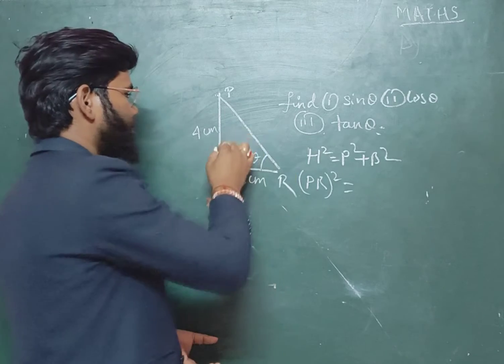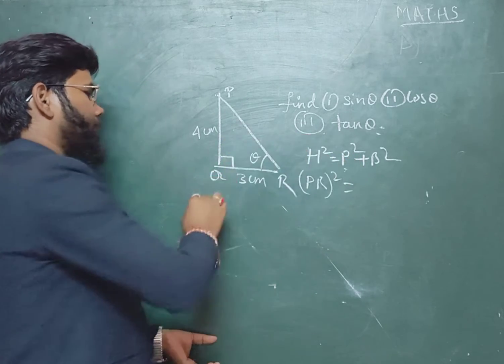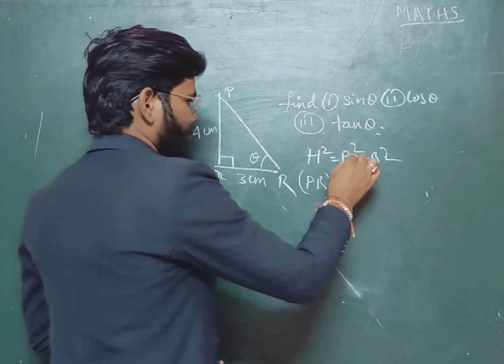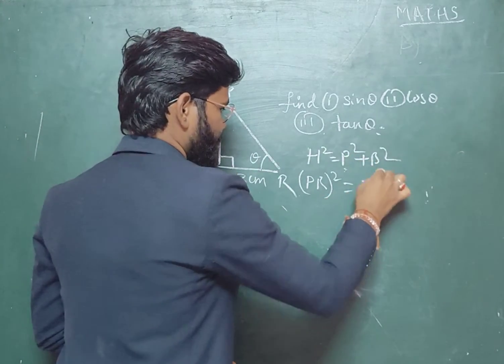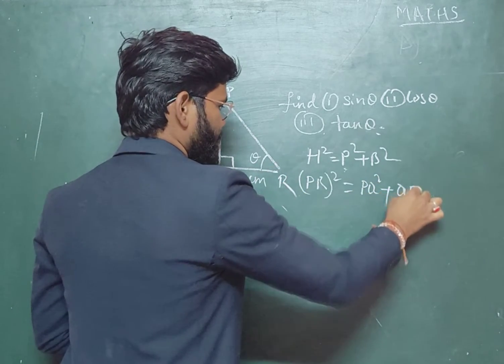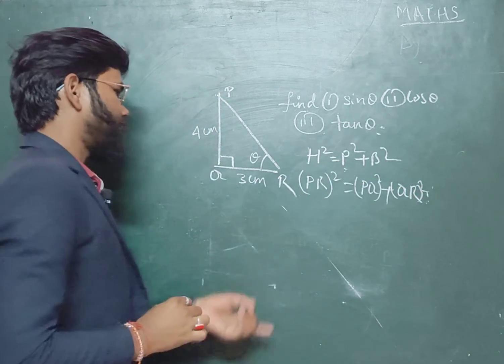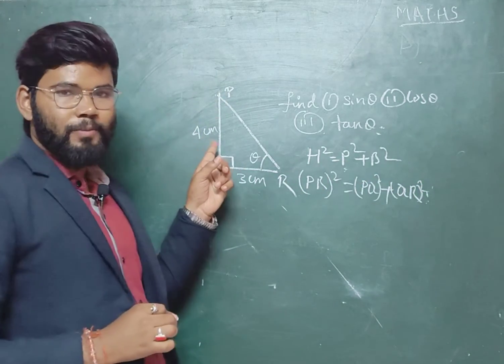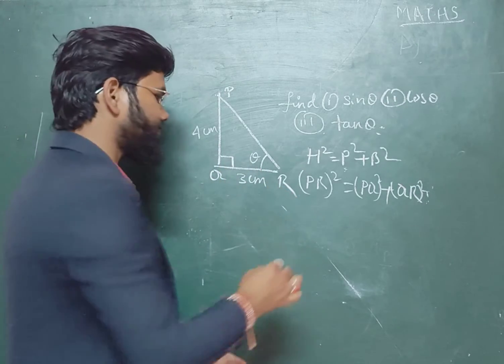So instead of p we put PQ, PQ square plus base, which is QR square. The value of PQ is 4 centimeter and the value of QR is 3 centimeters.